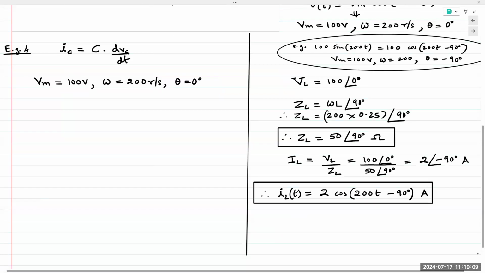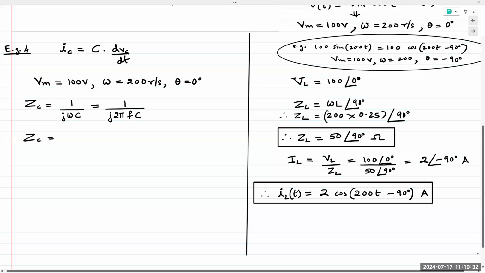The only difference this time is that the impedance of a capacitor is given by 1 over j omega c, where omega is 2 pi f, so 1 over j 2 pi fc.